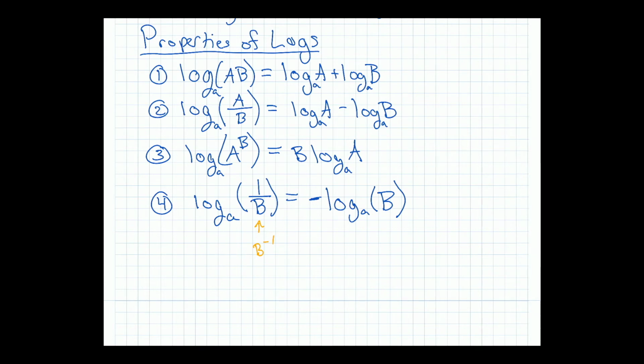And so that's just the same as rule 3, where we took the negative 1 down in front. So it's the same rule. Or you could even get this one from rule 2 as well, just by using a is 1.